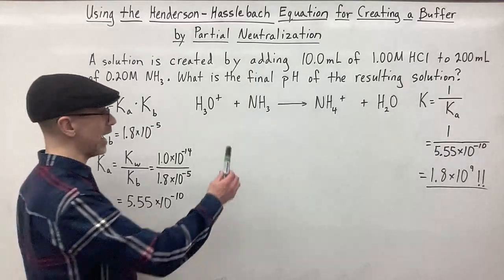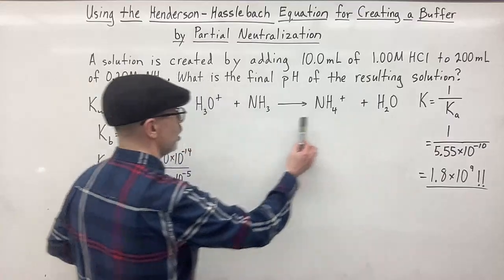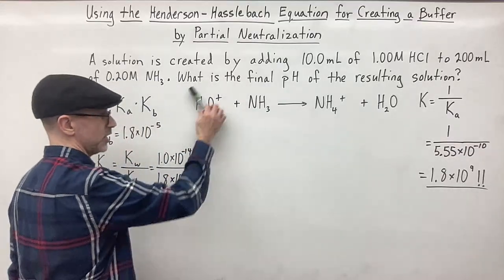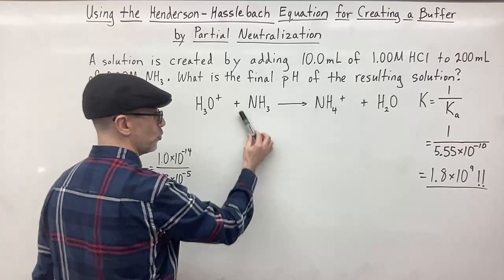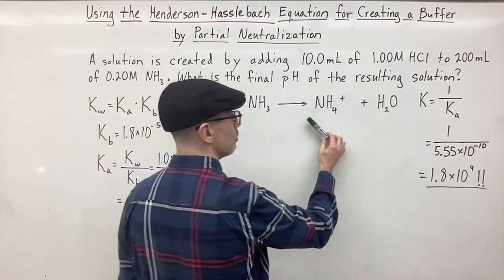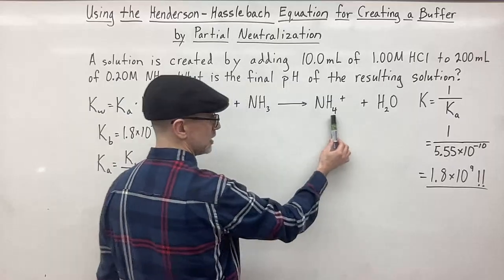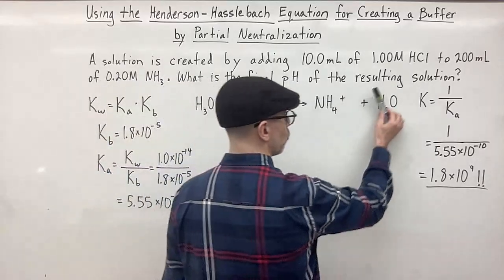So we have our equation here where we have this strong acid in the form of hydronium ions reacting with the weak base to form the ammonium ion, which is the conjugate acid, and water.